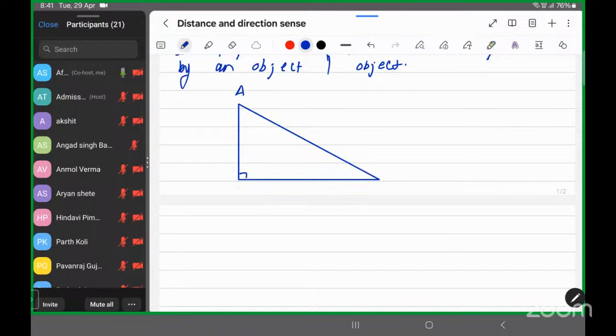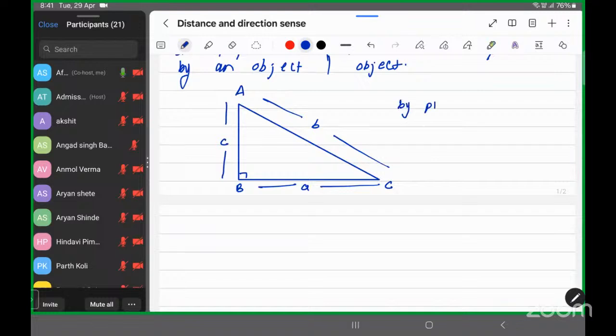If this is triangle A, B, C, this side is of length B, this side is of length A, and this side is of length C, then by Pythagoras theorem, B square is equal to A square plus C square.